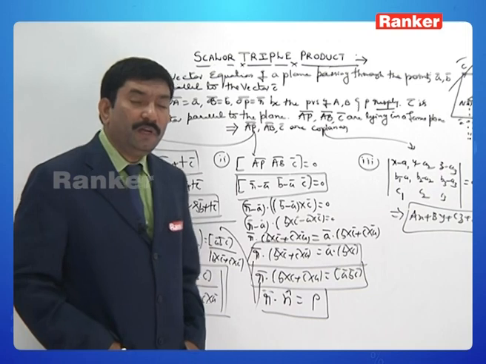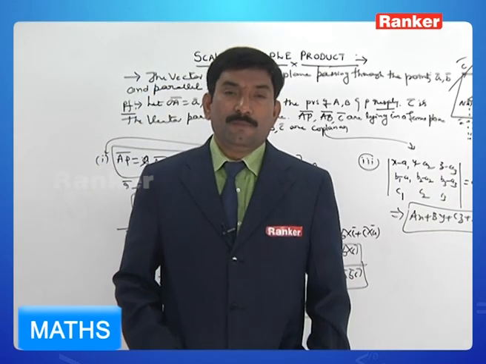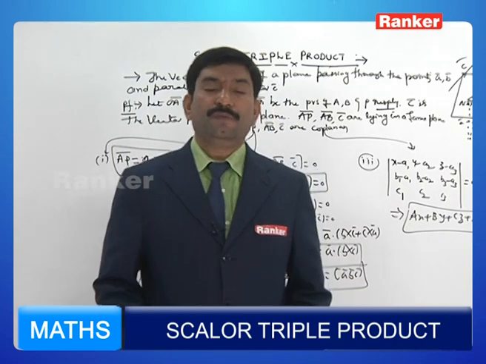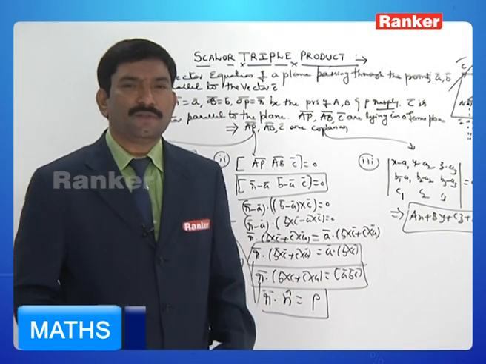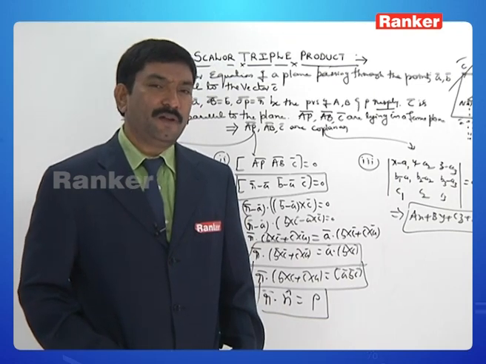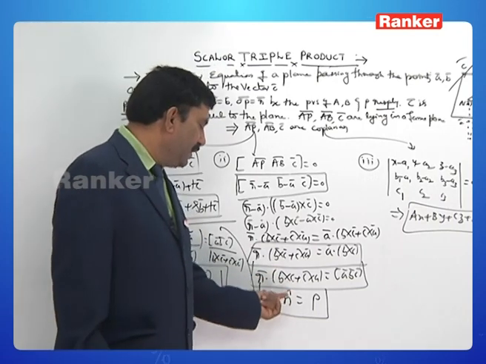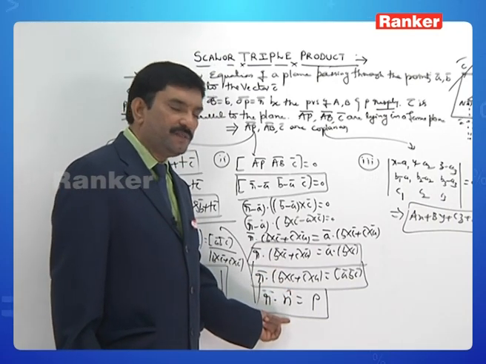Meanwhile, I want to write this in the form of R bar dot n cap is equal to P. Why do you want to express it in the form of R bar dot n cap is equal to P? My context is I want to find out the perpendicular distance from the origin to the plane passing through the 2 points A bar and B bar and parallel to the vector C bar. So therefore, now multiply both sides to convert to a unit vector, divide on both sides with what?